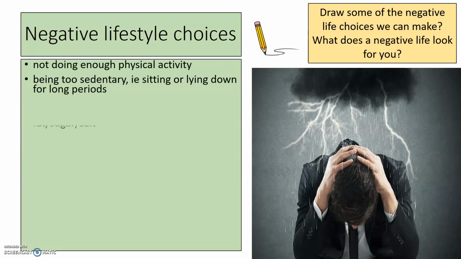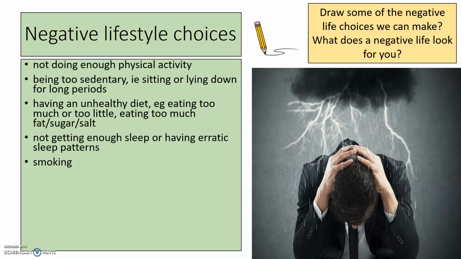Okay, so hopefully you've put on your page in terms of some symbols. It might be things like the fact that you're sitting on a sofa and not doing enough physical activity, so a sedentary lifestyle. For long periods of time, that's obviously going to be negative for us. We're going to increase the chance of different illnesses and diseases, and ultimately an unhealthy diet.